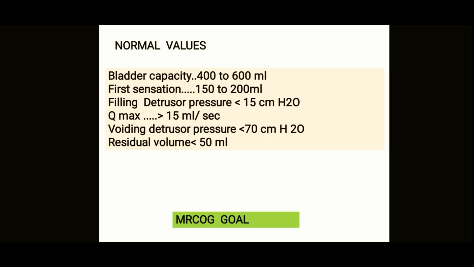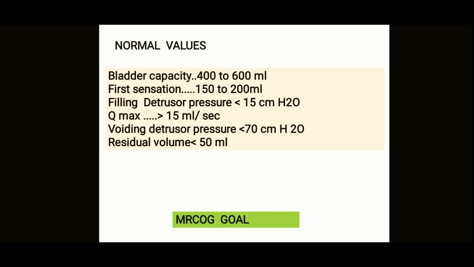Now, these are some normal values that you should be remembering all the time. The bladder capacity is around 400 to 600 ml. The first sensation for the patients is generally at 150 to 200 ml. The filling detrusor pressure when the bladder is getting filled is less than 15 centimeters of H2O.